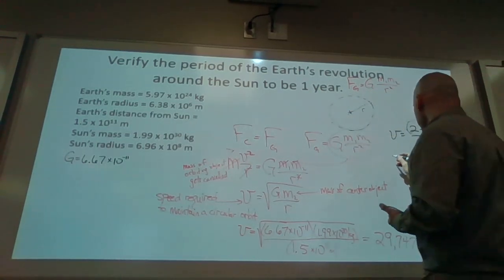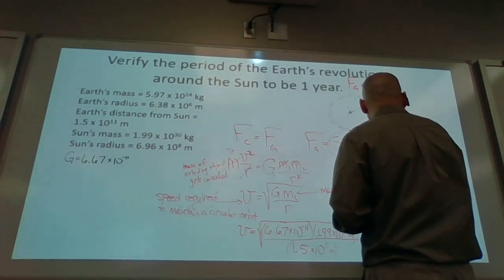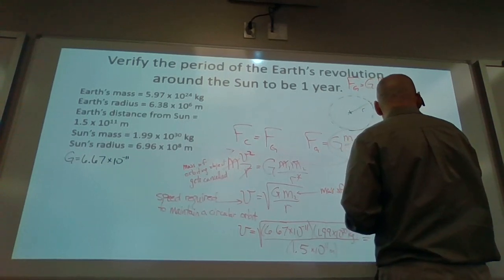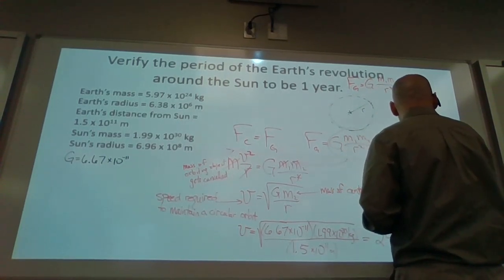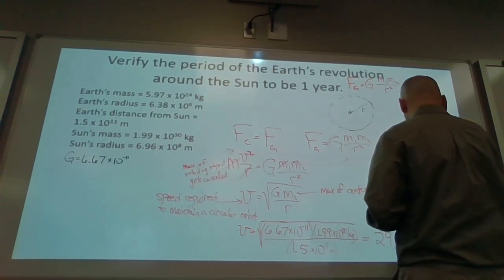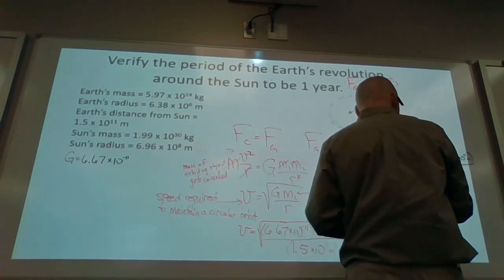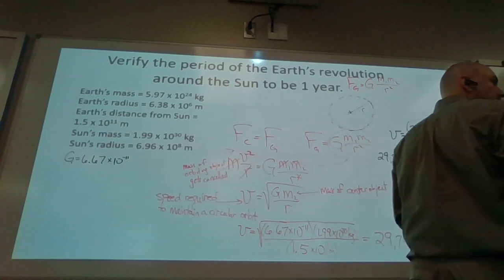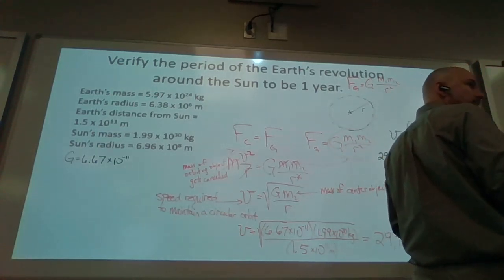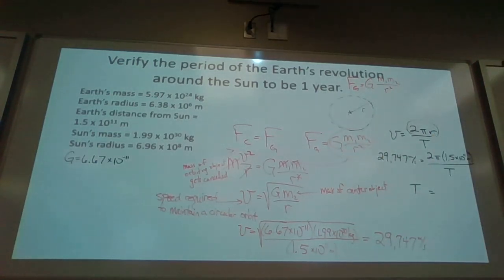So we got 29,747 meters a second. It's equal to 2 pi times 1.5 times 10 to the 11th meters over period. Go ahead and shoot for period. Did you guys get it already?